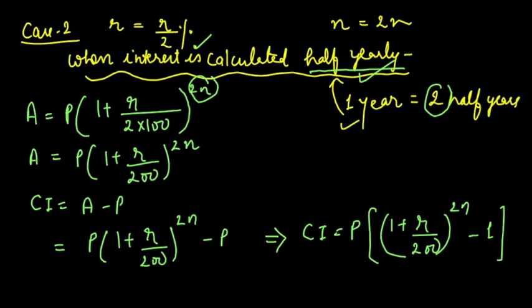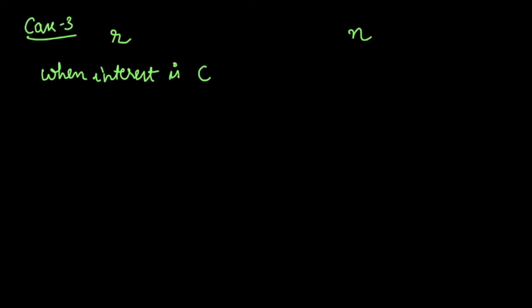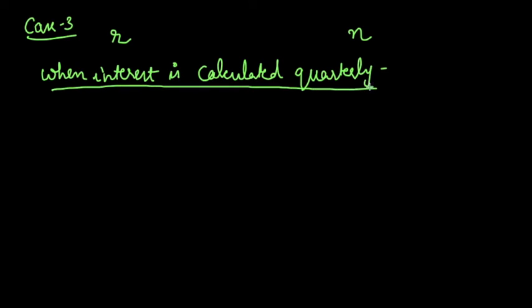Now there is another case, 3. What will be the rate? What will be the time period when interest is calculated quarterly? Now quarterly, we see there are 3 months, 4 quarters, right?